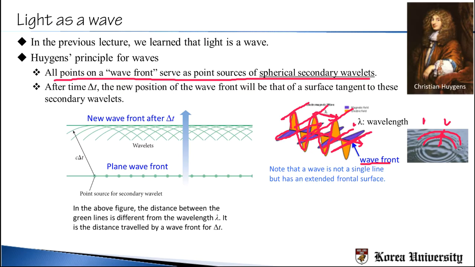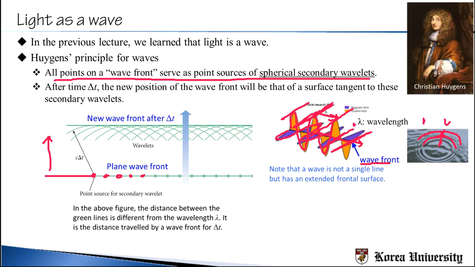Okay, now suppose one of these wavefronts is this. This is one of the wavefronts, and after some time, this will of course advance. And what is actually happening is that all the points along this wavefront create secondary spherical wavelets, meaning a small secondary wave which looks like a sphere.